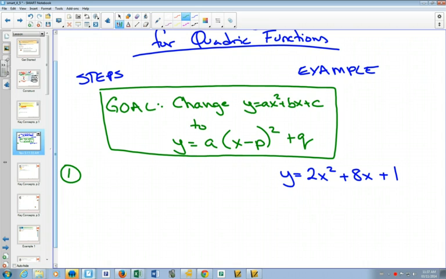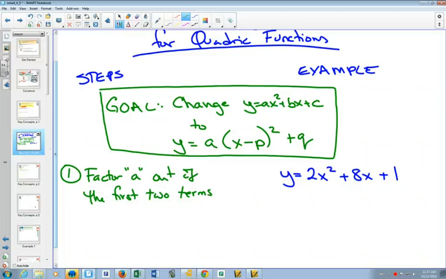Step 1 is factor the a value out of the first two terms. This is slightly different than when we completed the square last time. Last time, we divided the a value to make it go away. So this is the first little bit that's a little bit different. The reason we want to factor it out is if you look at our goal, it has the a value factored out in front.